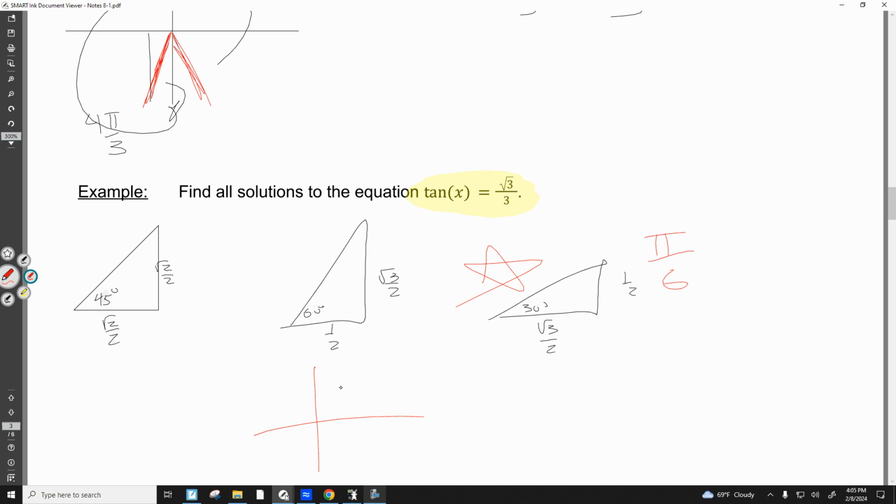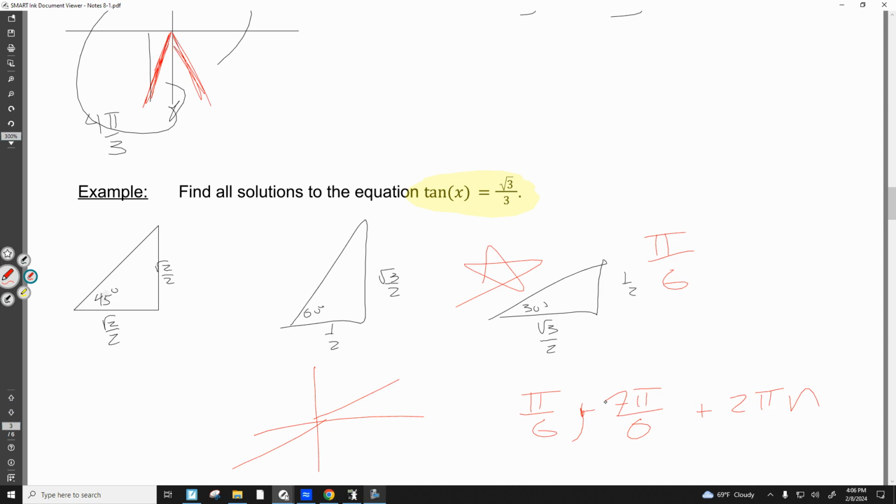Now, how many of you are like, oh, pi over 6 and 7 pi over 6 and multiples of 2 pi of that? Gosh, you're wasting a lot of time and effort writing all this answers. So much easier than this, guys. Who wrote this down? All of you? Of course you did. Guys, how long does it take for tangent to start repeating itself?